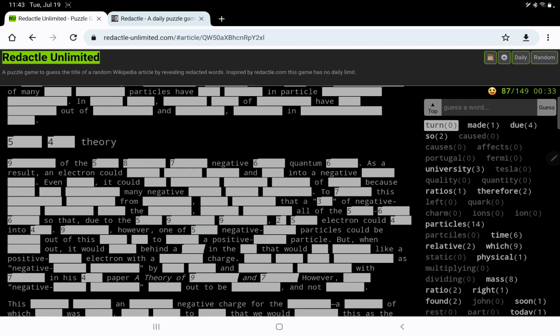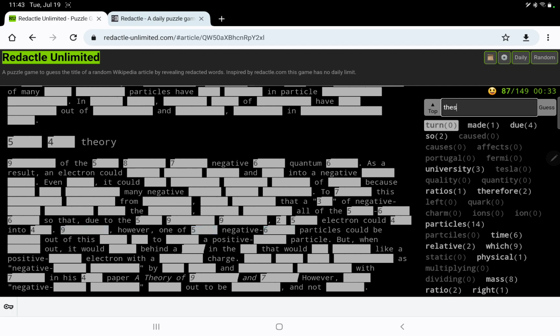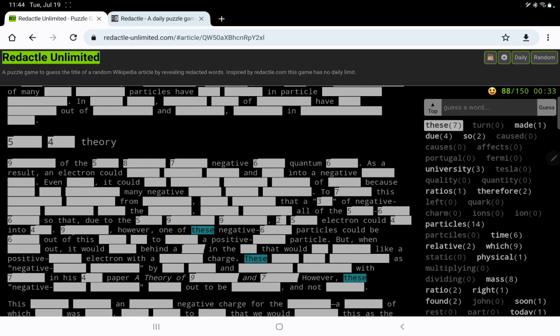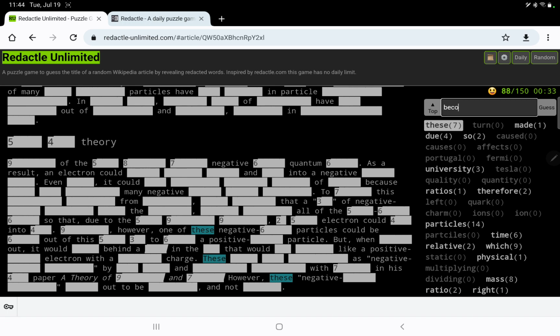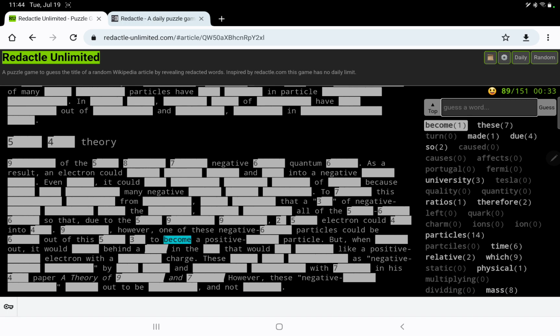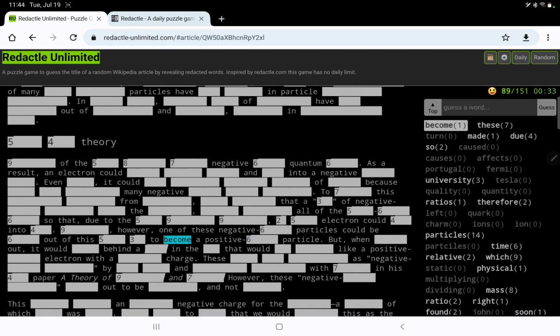9, however, one of, did I do these and those? No, I didn't do these. One of these negative 6 particles, negative, not charge, negative, to become a positive 6 particle.